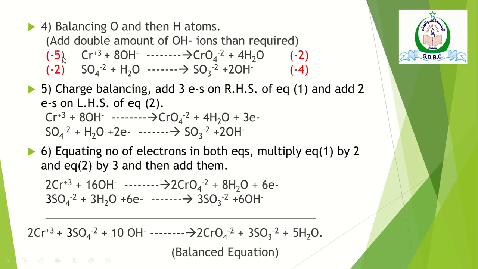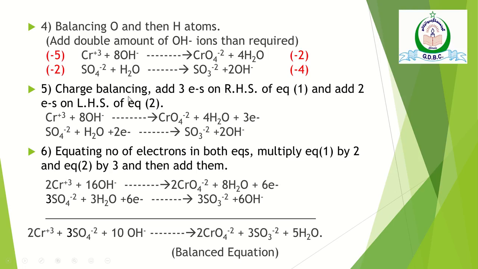So this minus 5 and minus 2 can be balanced by adding 3 electrons on the product hand side, or right hand side, of equation number 1. Similarly, this minus 4 can be equalized to minus 2 by adding 2 electrons on the reactant hand side of equation number 2.